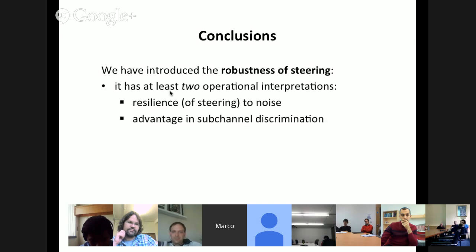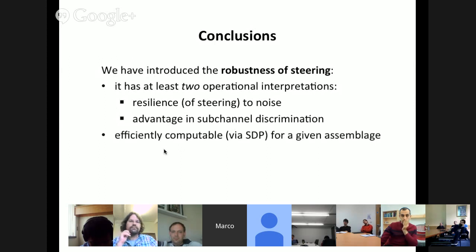To start, as I explained, it has at least two operational interpretations. One is the resilience of steering to noise, hence the name robustness, but we also prove that it corresponds to the advantage provided by steering in subchannel discrimination.